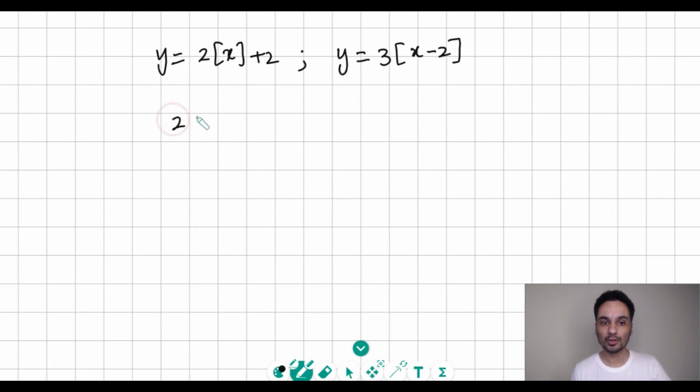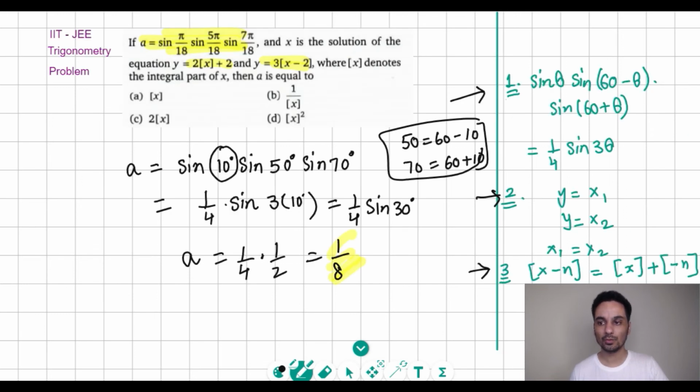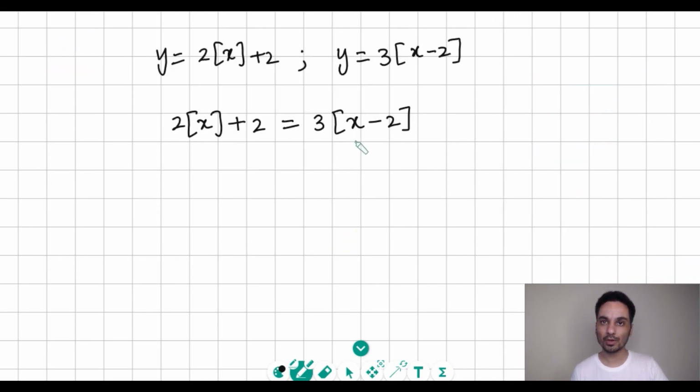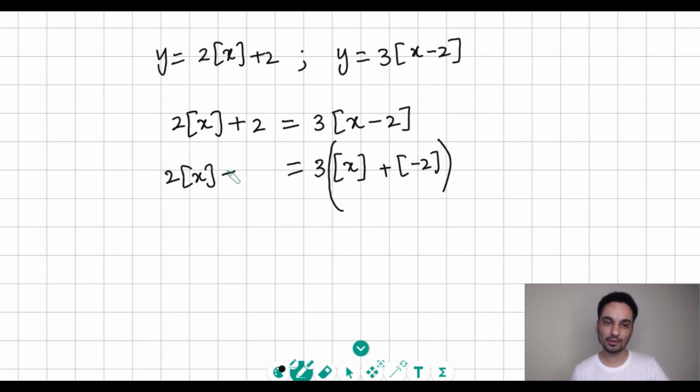So we have 2 times greatest integer x plus 2 is equal to 3 times greatest integer x minus 2, and using the third rule that we have written here, we can write this right hand side as 3 times, let's write a bracket, greatest integer x plus greatest integer of -2, and the left hand side remains the same.